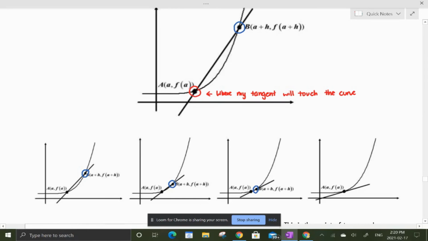So point B can't be on top of point A because that would mean that you only have 1 point. So what we're going to do is use this idea of point B getting closer and closer to point A to help us determine the slope of our tangent line.